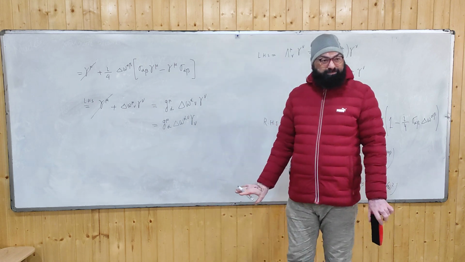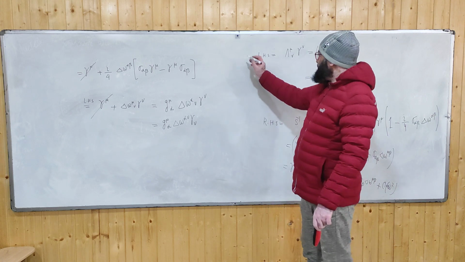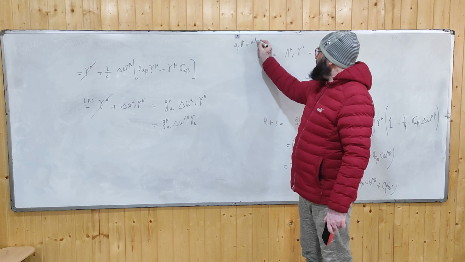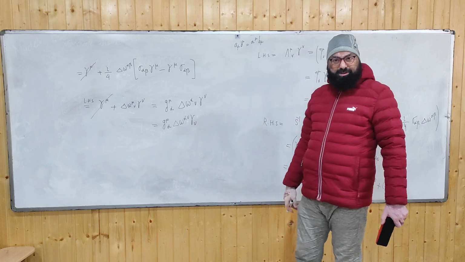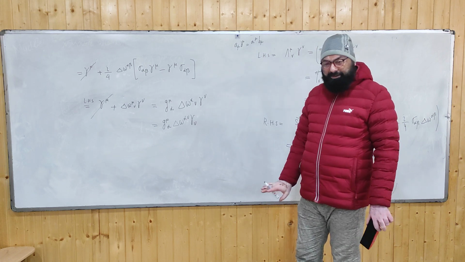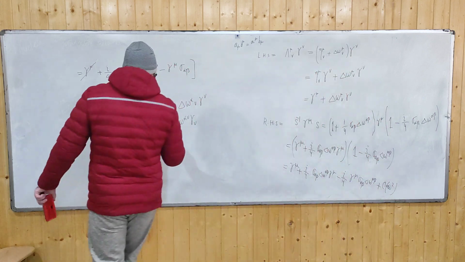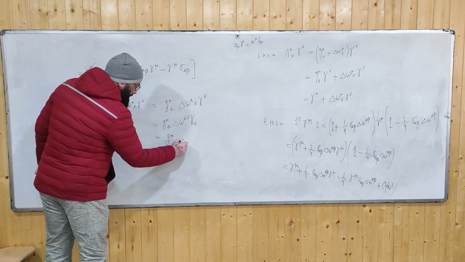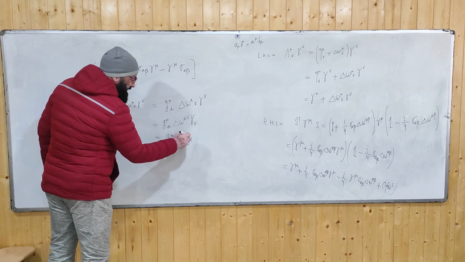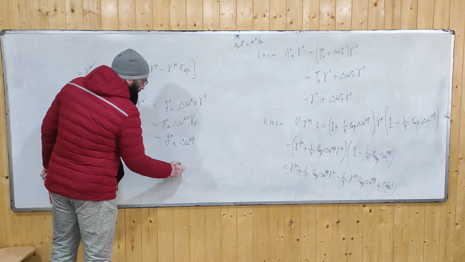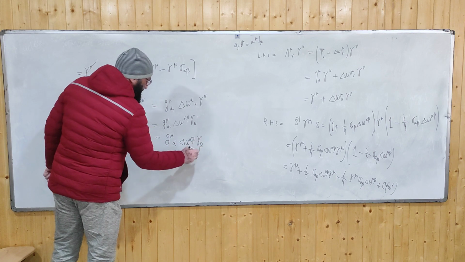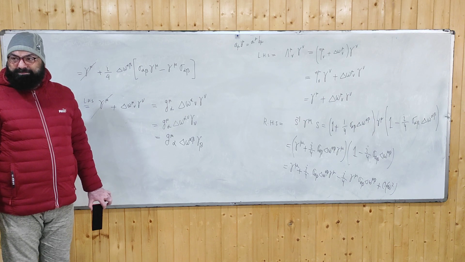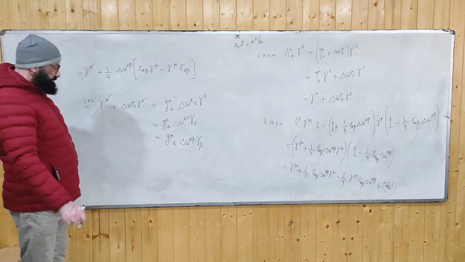Can I write it? When you are having A mu B mu in this very form, you can write it same as A mu B mu. Clear? So can I write this as G mu alpha delta omega? Since nu is a dummy index, I can write it as delta alpha beta gamma beta. Can I write it? Any problem? Okay, good.